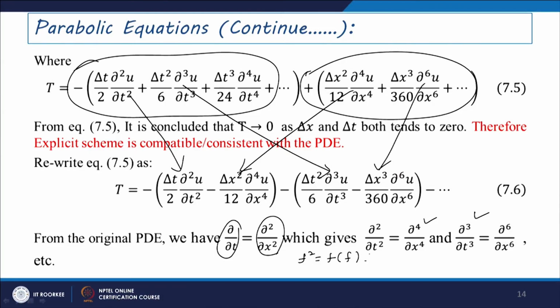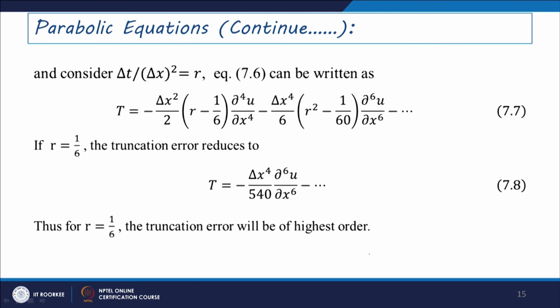And if you consider del t by del x square equals r here, then equation 7.6 can be reduced to the form minus of del x square by 2 into r minus 1 by 6, del to the power 4 u by del x to the power 4, minus del x to the power 4 by 6 into r square minus 1 by 60, del to the power 6 u by del x to the power 6, minus the rest of the terms.